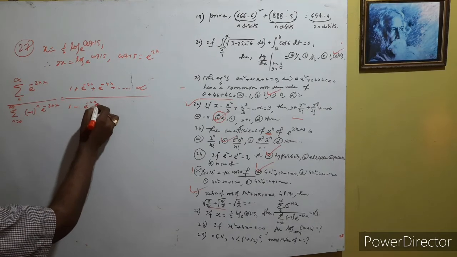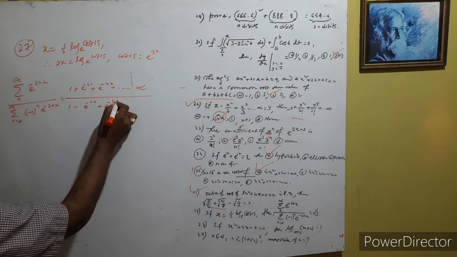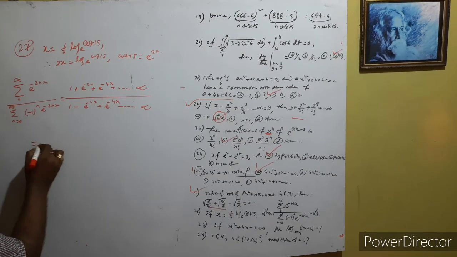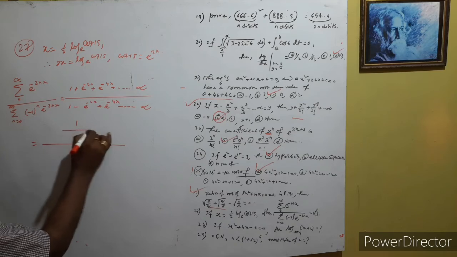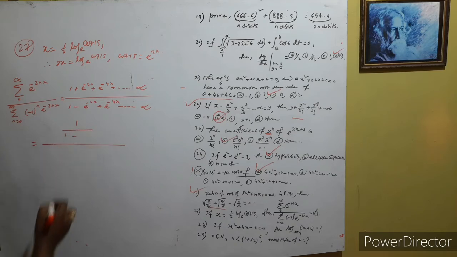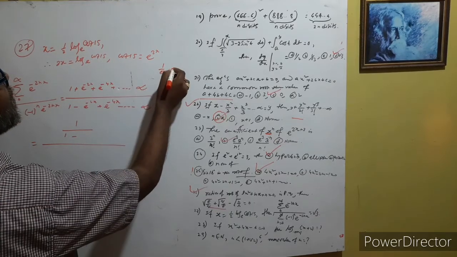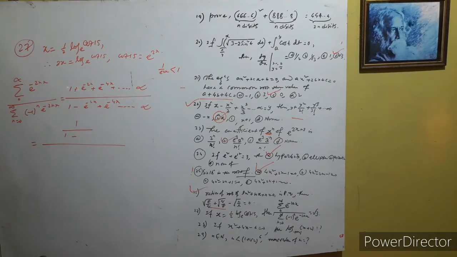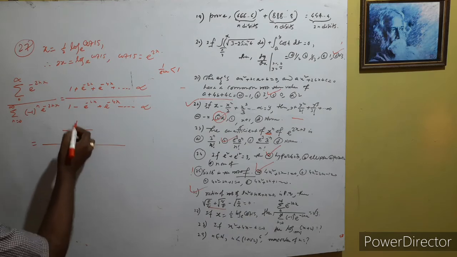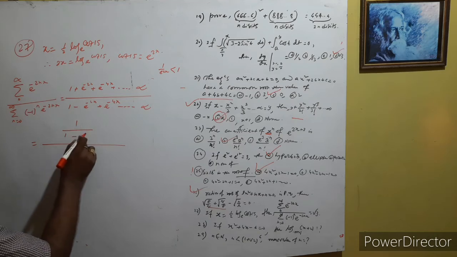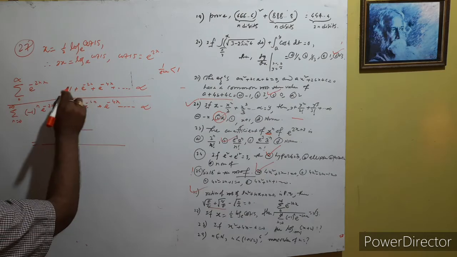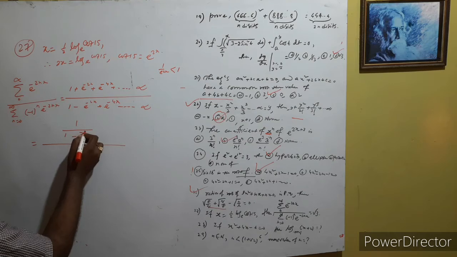This is 1 by 1 minus r. Actually 1 by e to the power twice x is cot 15, which is less than 1. So this is 1 by 1 minus r, it is a minus twice x.